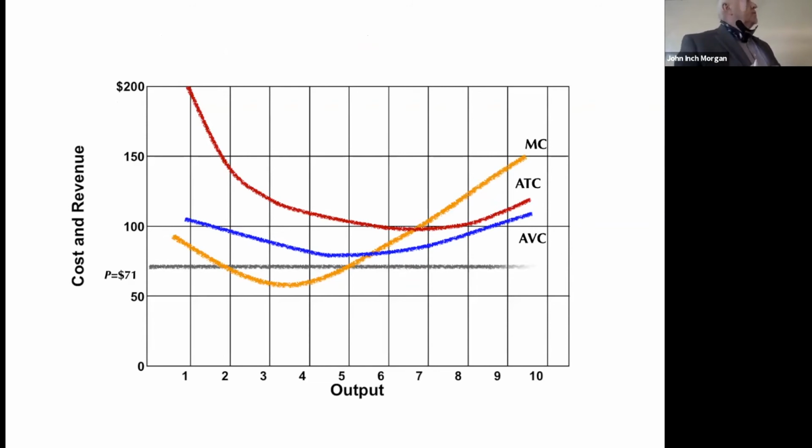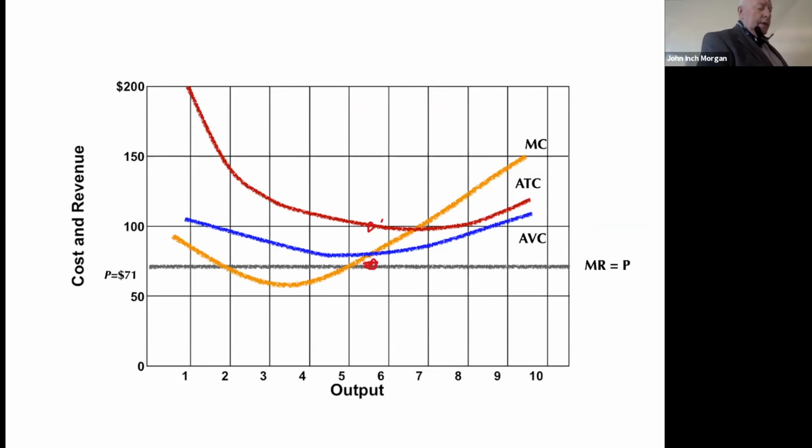If my price dropped, however, to $71, so here I'm not covering my average variable costs. In other words, I'm paying my fixed cost, and I'm paying the gap between the price right here and my average total cost.